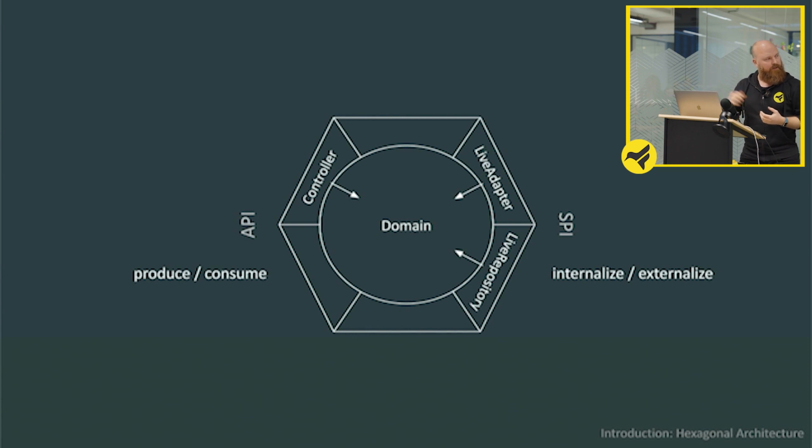Then on the SPI side, we have adapters and repositories that have REST clients to the outside world and where you get data from. But those adapters also depend on the domain. And normally, of course, you would say, okay, I have my service, which would be, in this case, inside the domain, and I call my downstream client. But then your domain would actually depend on the adapter. So we're going to see how we can invert that.